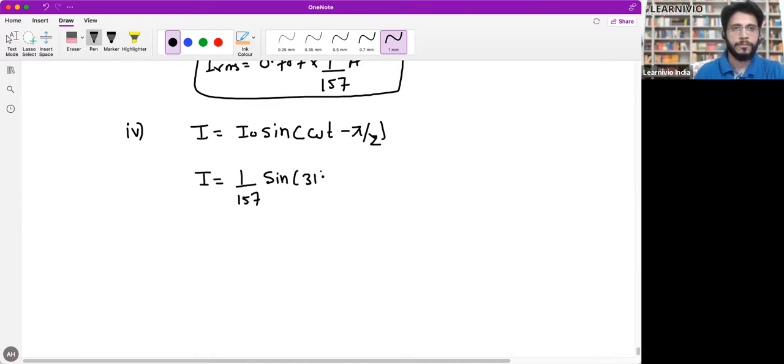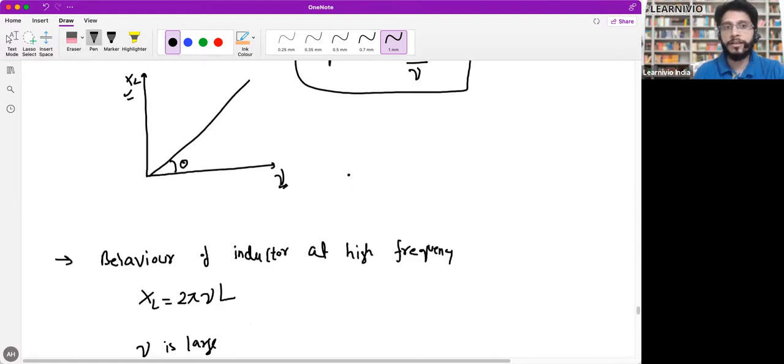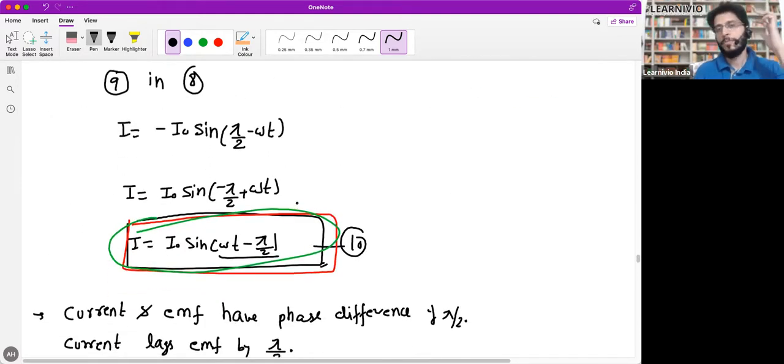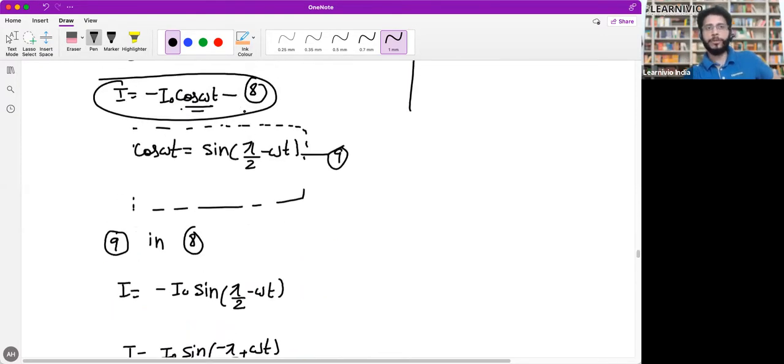So why are we not using I naught sine omega t? Because in this circuit, current is not I naught sine omega t. We have derived this for inductor only. For resistor, it was I naught sine omega t. But in inductor, your EMF and current are not in the same phase. So if you take your EMF as E naught sine omega t, then you can't write your current as I naught sine omega t. You can write this as sine omega t minus pi by 2, or as minus of cos omega t.